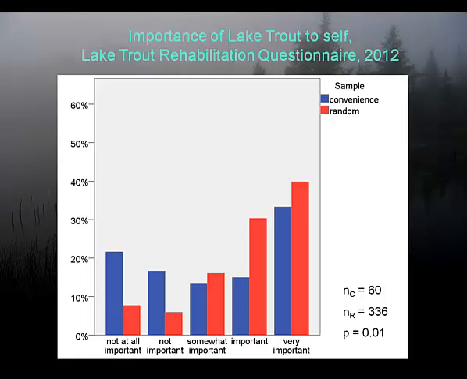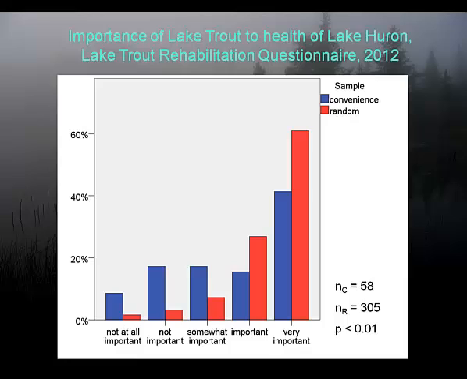We had a split, although the convenience sample was still highest in the very important. We did have a number that said it was not important at all or not important to them. So there does seem to be this dichotomy in the convenience sample, yet the random sample seems to be telling a slightly different story, which we kind of thought was going to happen from our previous survey that I mentioned.